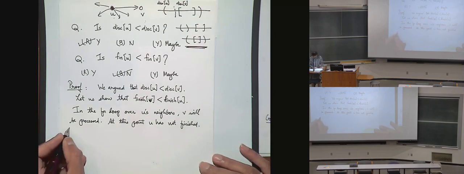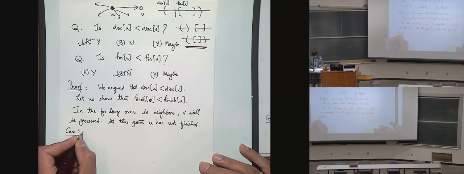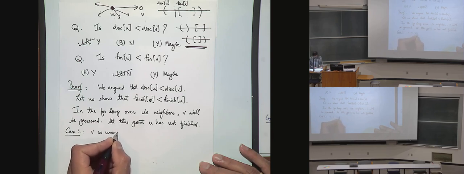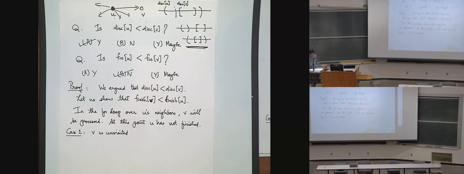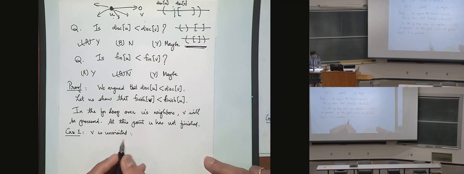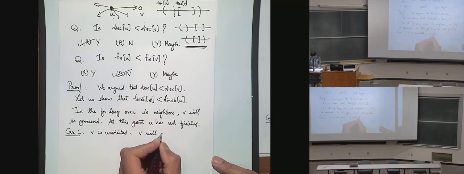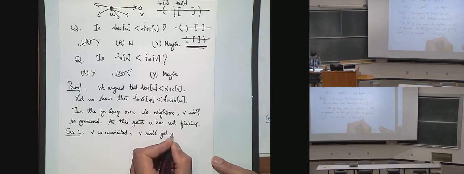So basically there are two cases. At this point, V is unvisited. So if V is unvisited, then what's going to happen is that V will get visited.